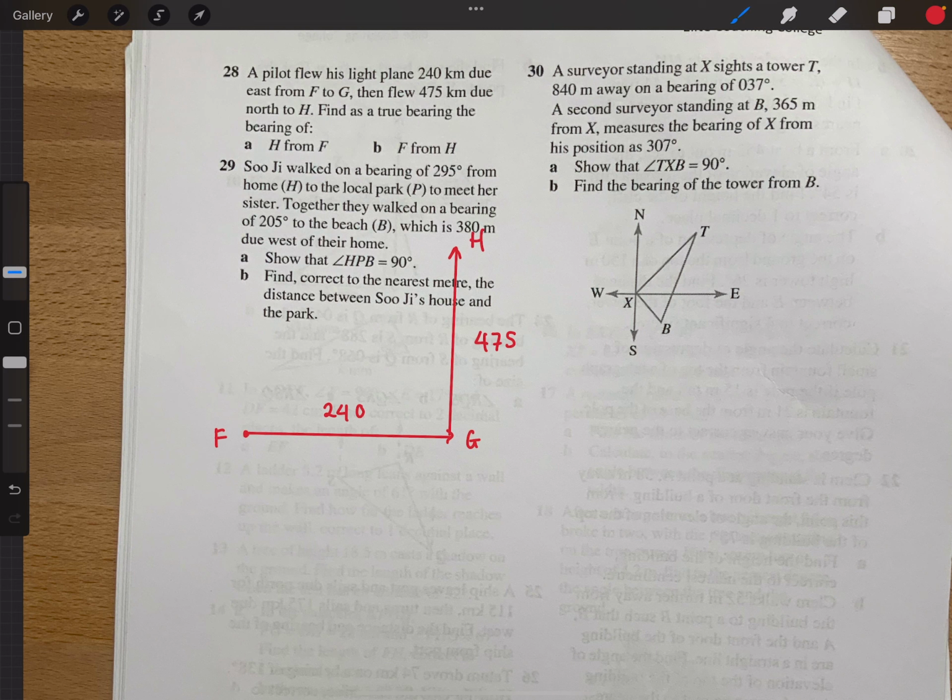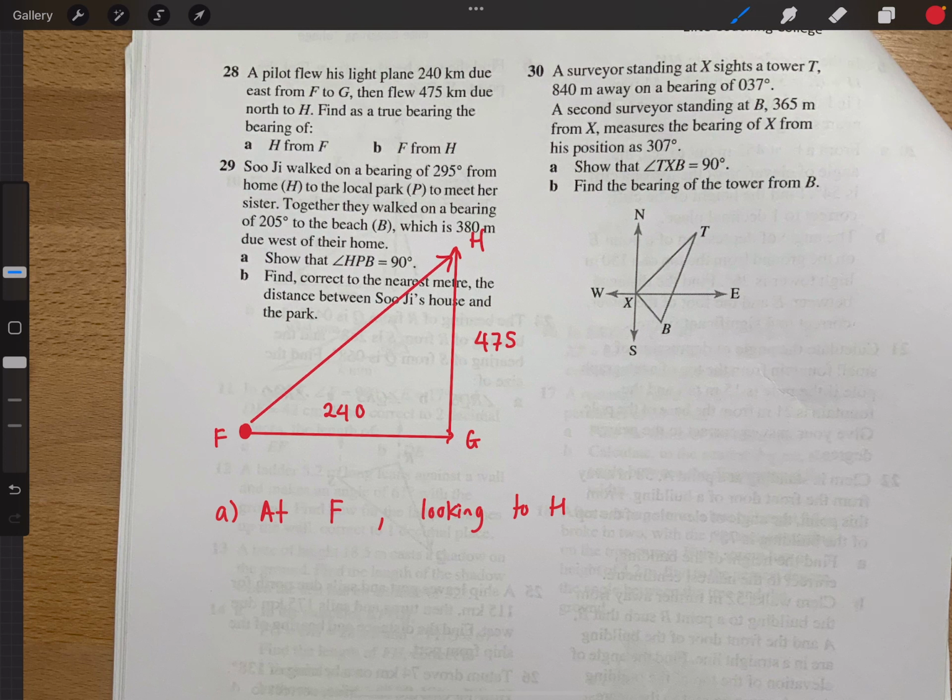Find as a true bearing the bearing of H from F. So we're at point F, and you're looking towards H. Now the question is, what's the bearing?